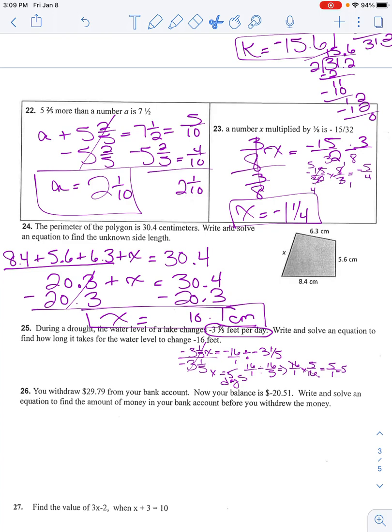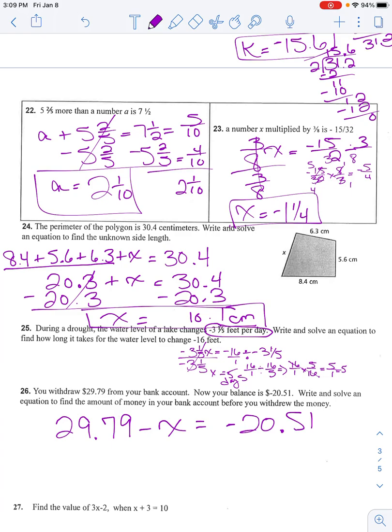Alrighty, so you withdraw $29.79 from your bank account. Your new balance is -20.51. We withdrew $29.79. Okay.